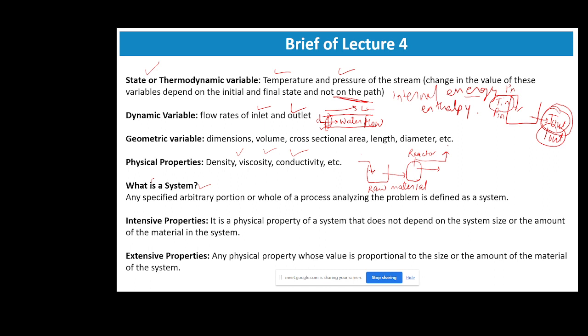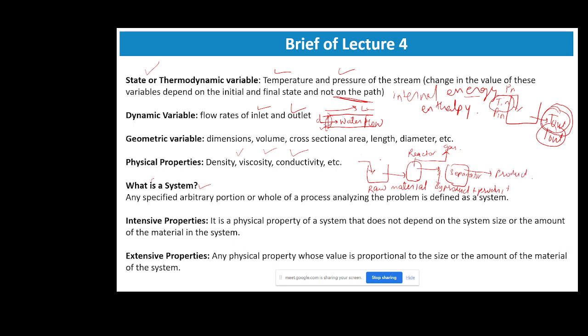This is a gaseous product. This is another product which has a byproduct plus product. So this is the separator, and this is the final product.